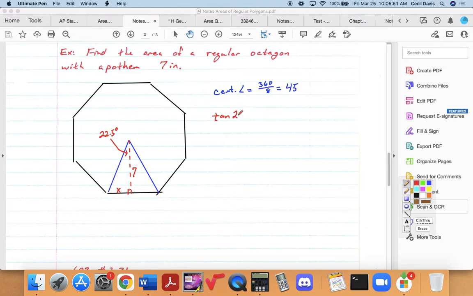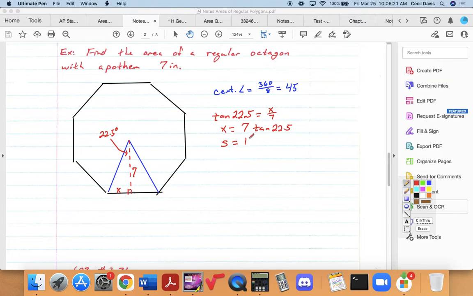The tangent of 22.5 is equal to X over 7. Multiplying both sides by 7, I get that X is 7 tangent of 22.5. So how long is the whole side? 14 tangent 22.5.